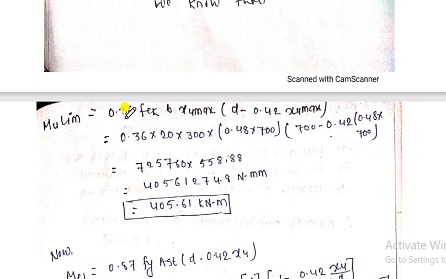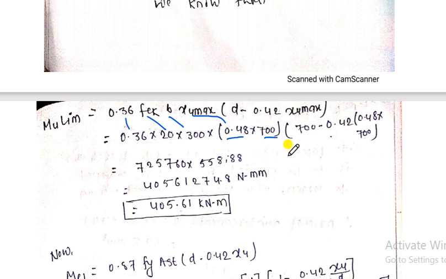Here fck is 20, B is 300, and XU max can be calculated as 0.48 into 700, right? This value will vary for Fe 250 and Fe 500. 0.48 is for Fe 415, and this D is nothing but the effective depth.